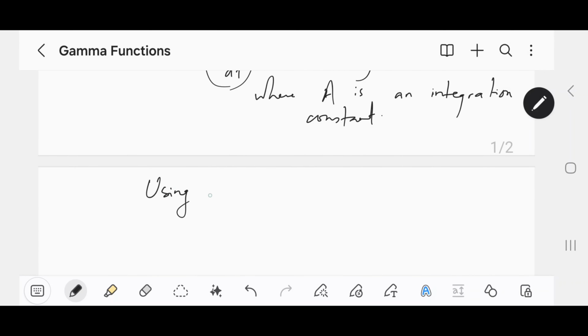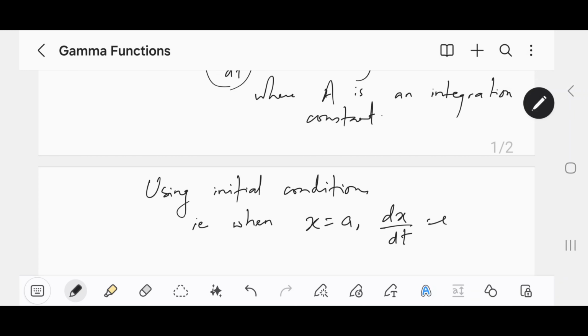Using the initial condition, that is when we have x equals a, the initial position of the particle, then at that instant there won't be any velocity because a is a constant.